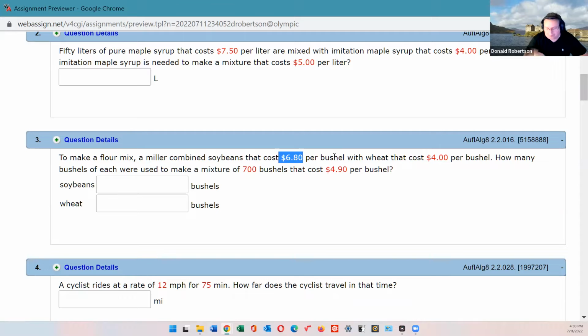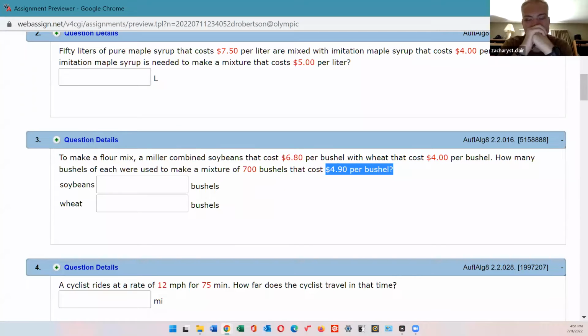Okay, so it's not per pound, it's per bushel, but you could say per pound if it made it easier to understand. And wheat that costs $4 per bushel. How many bushels of each do you need so that you make 700 bushels costing $4.90 a bushel? In a lot of ways, isn't that very similar to the coffee question?